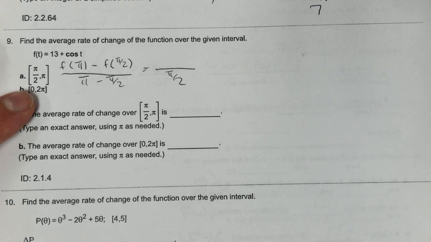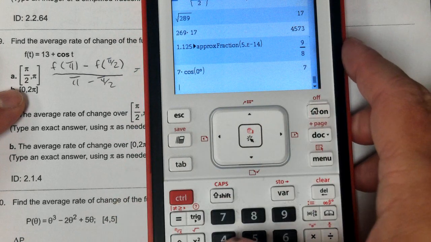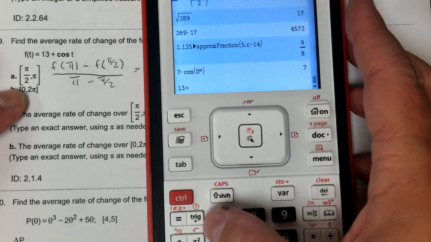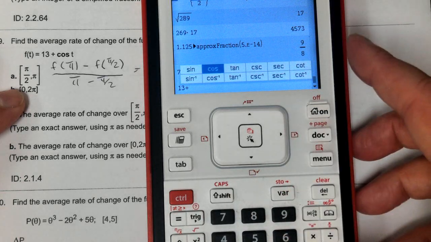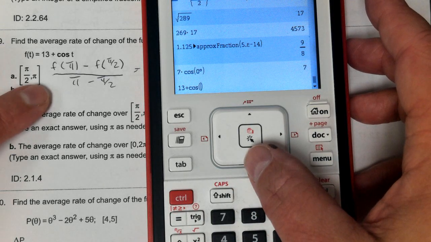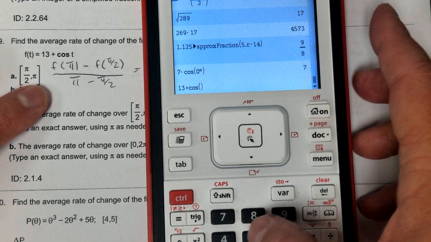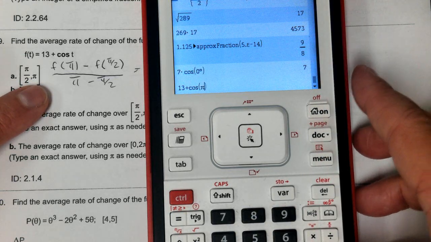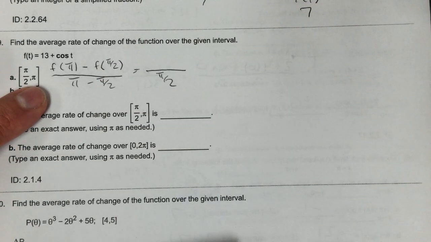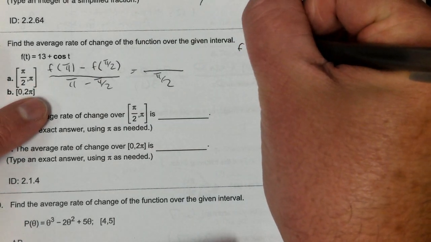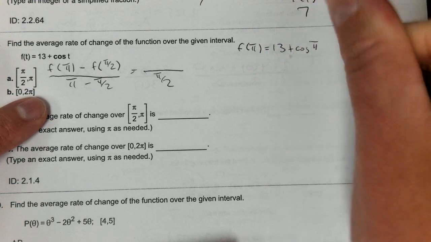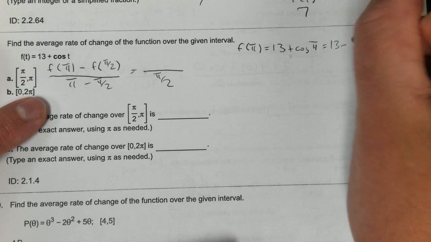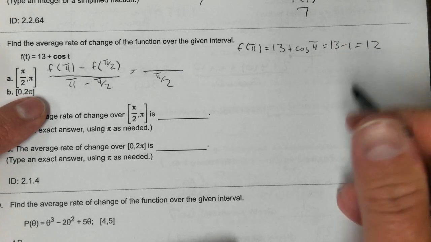Now for the other part, I'm just going to put it in the calculator. 13 plus cosine pi. That gives you 12. So when I did f of pi, that'd be 13 plus cosine of pi, which is basically 13 minus 1, and so you get 12.